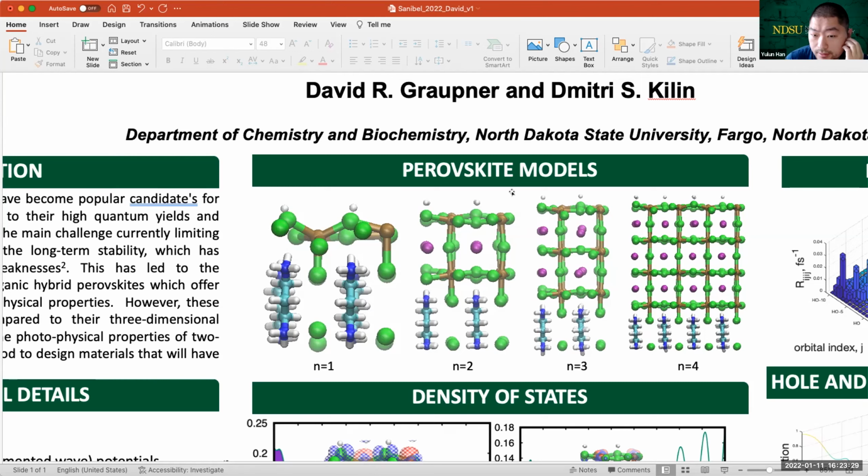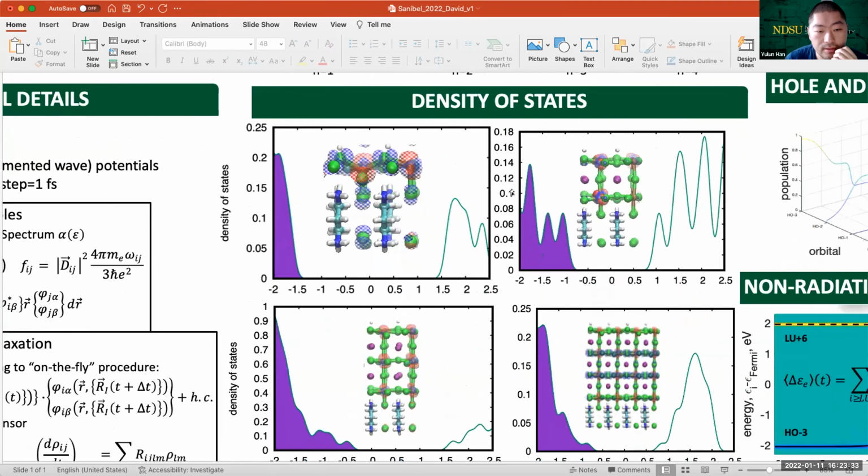I have another question. In the density of states, you have shown some orbitals. Is this just the HOMO and LUMO orbitals? Yeah, those are just HOMO and LUMO. So it's really hard to say. Is the localization always the same for different models? With the exception of N=3, the HOMOs are on the chlorine and the LUMOs on the lead.